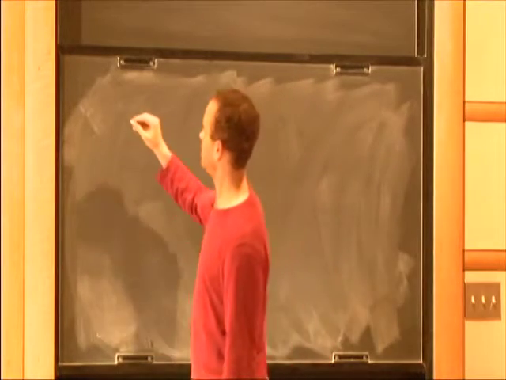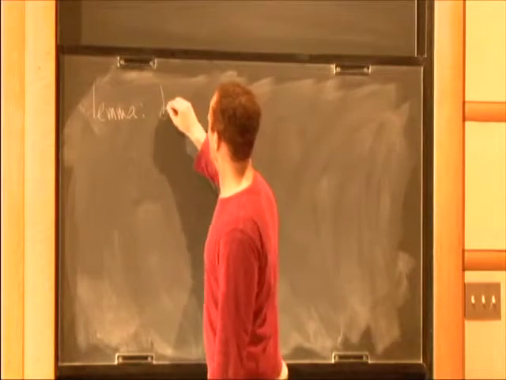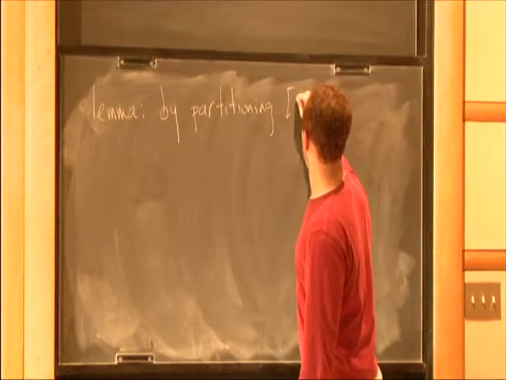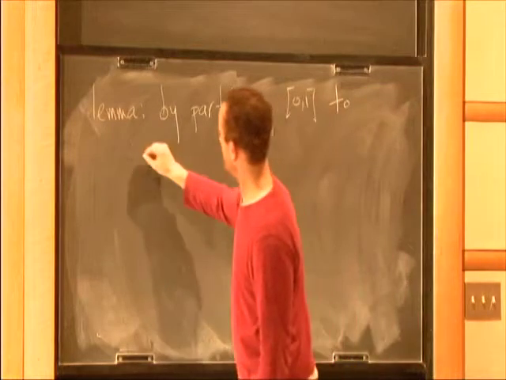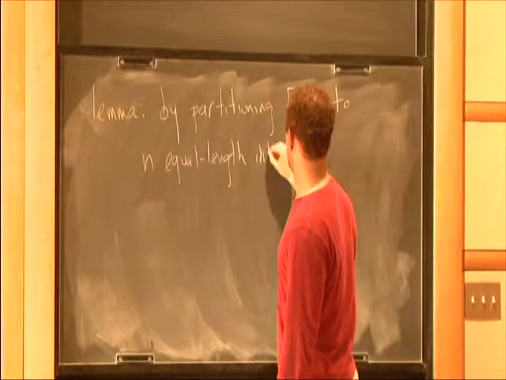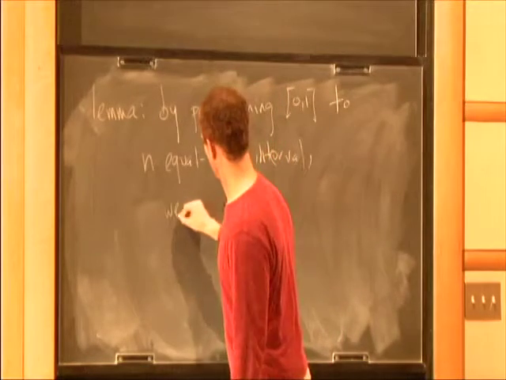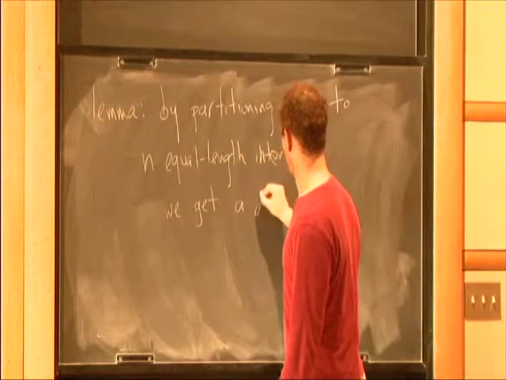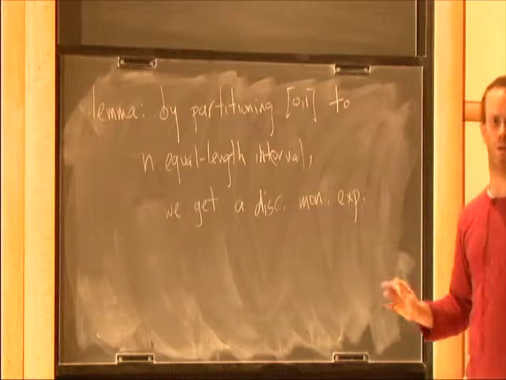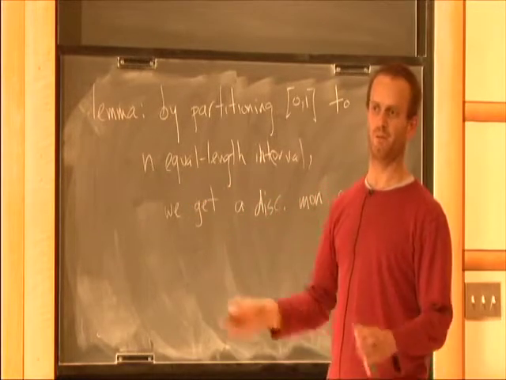We want a discrete thing, so we can write, let's say, a lemma: by partitioning 0, 1 into n equal length intervals, we get a discrete monotone expander for whatever n we choose. Okay, and this follows because these maps are smooth.